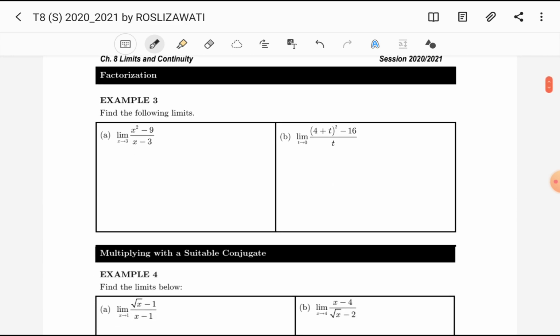So first step, we need to substitute 3 into the function.